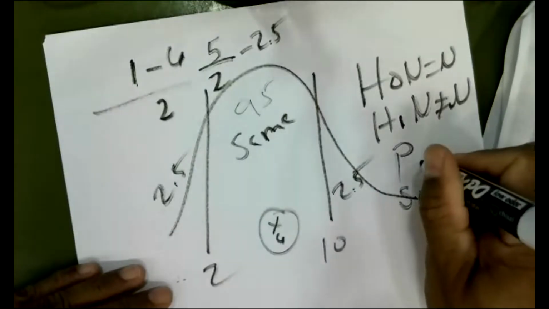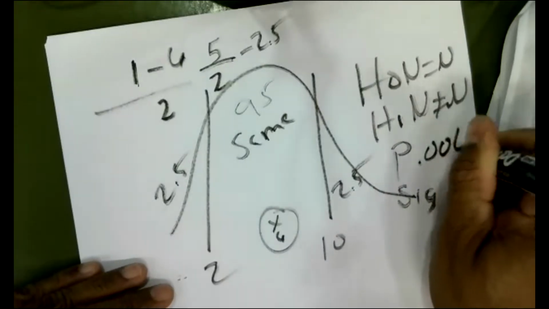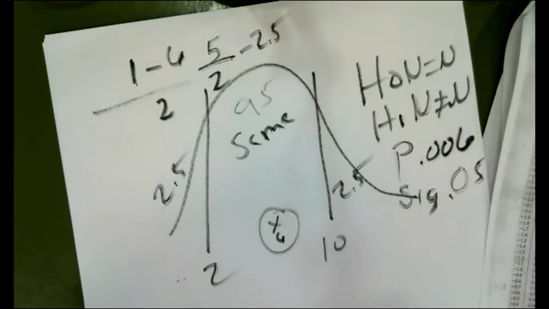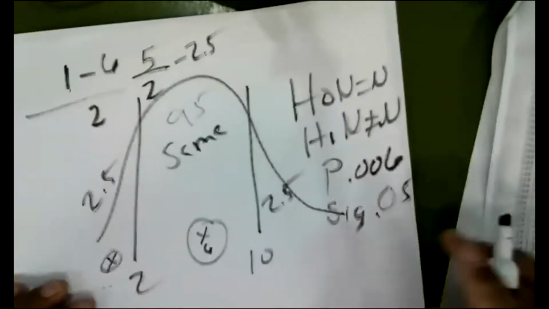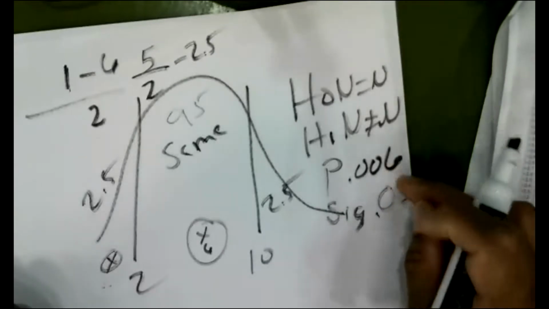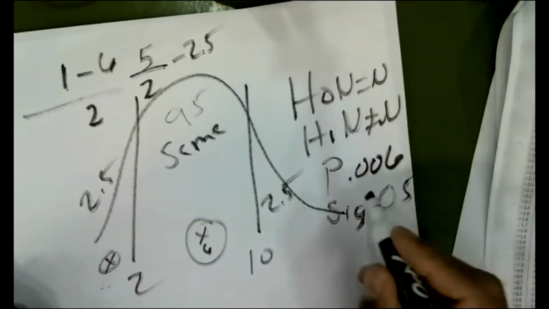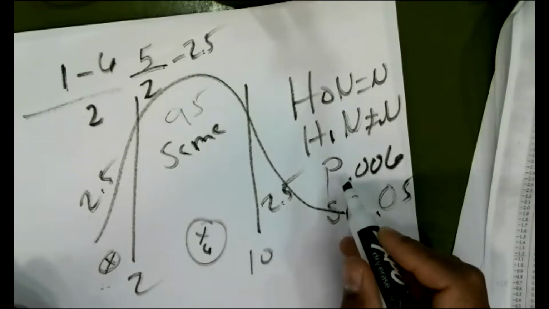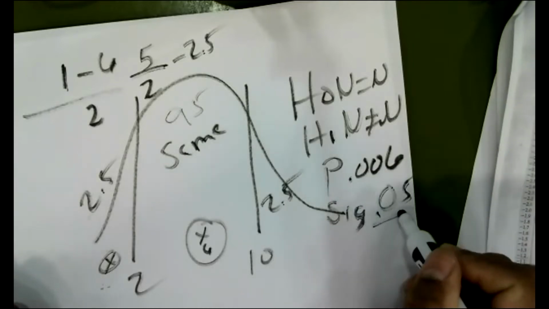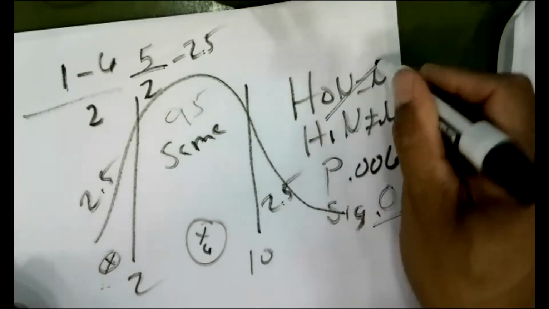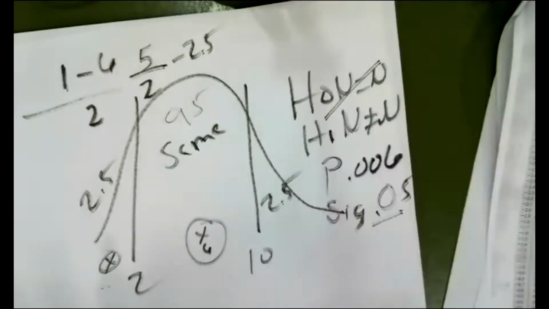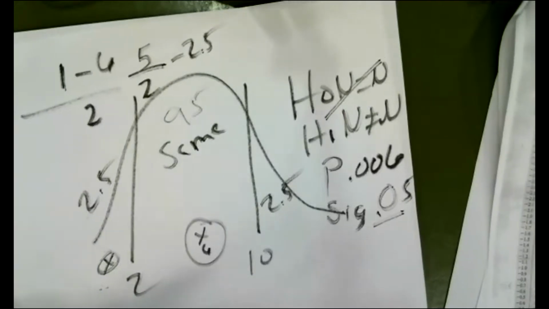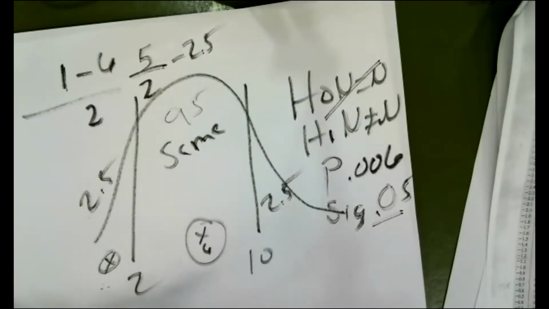Okay, so it's giving me a probability of 0.006. So now that the people are staying 1 day, if my probability value, or my p-value, is below my level of significance, I can reject my null hypothesis. So this allows me to reject my null. Oh, they're not the same.